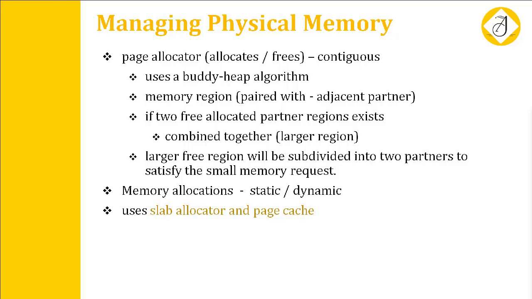If a request has been received with a small memory size, then a larger region can be divided into two partners, and thus they can satisfy the request. Okay.